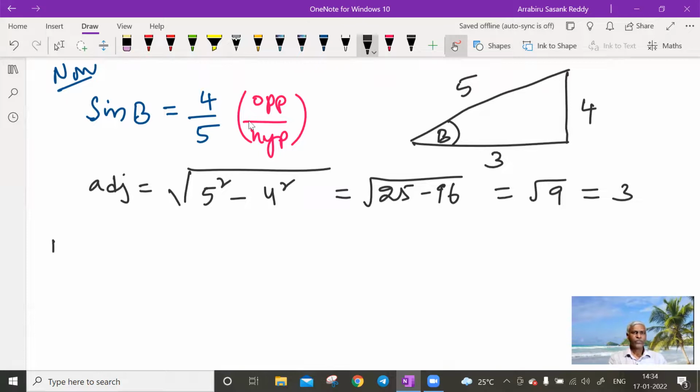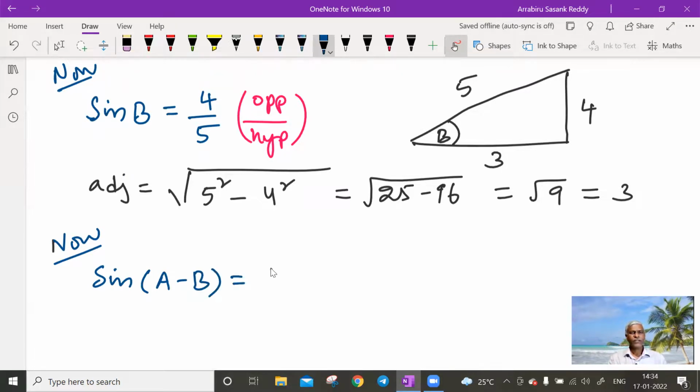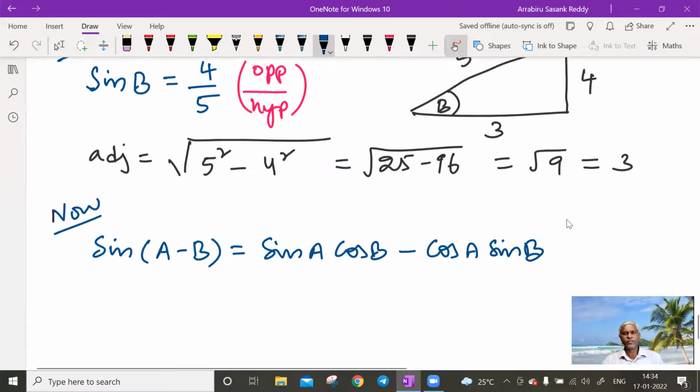Now we have to find the value of sin(A minus B). Sin(A minus B) is sin A cos B minus cos A sin B. This is the sin(A minus B) formula.